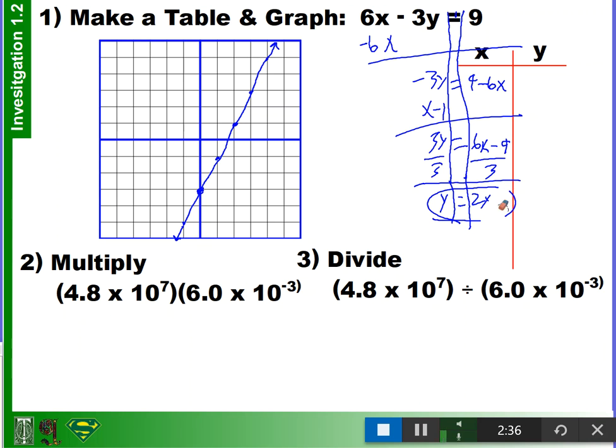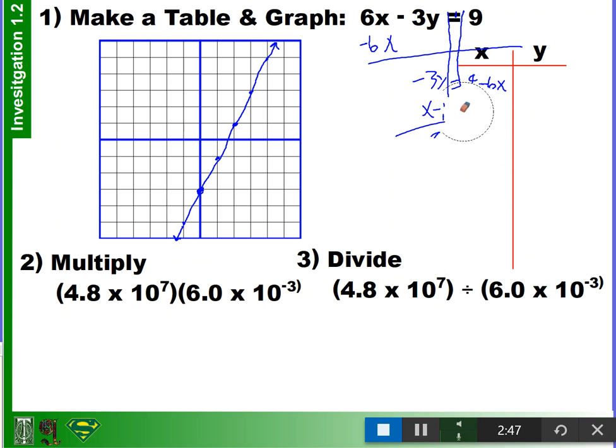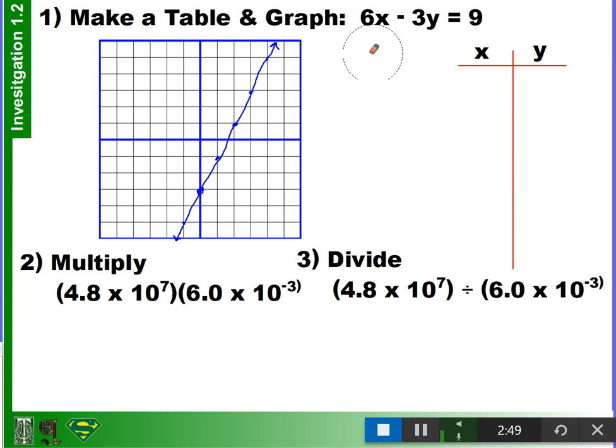And then for the table, I'm going to have to erase all that. Okay, and then I'll rewrite that equation. y equals 2x minus 3.